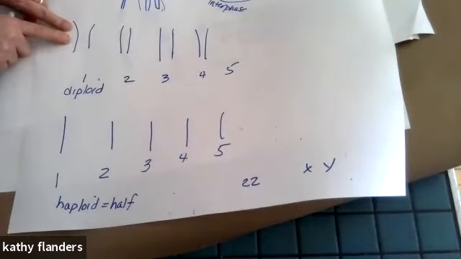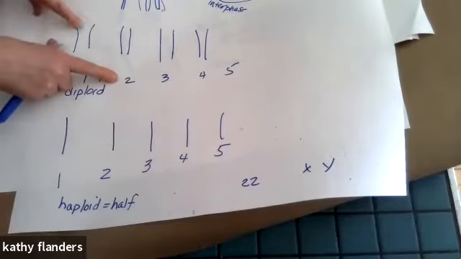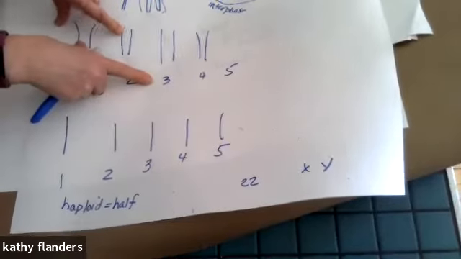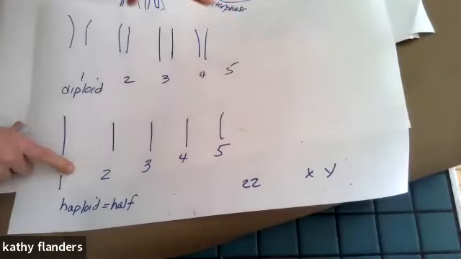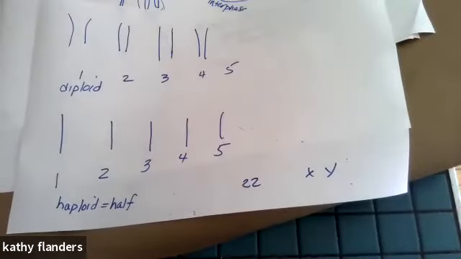Diploid means you have 2 copies of chromosome 1, 2 copies of chromosome 2, of chromosome 3, all the way up to 23. For some reason, people have a hard time with that, because we'll say our sperm and our egg, when we get through meiosis, are going to have 23 chromosomes.